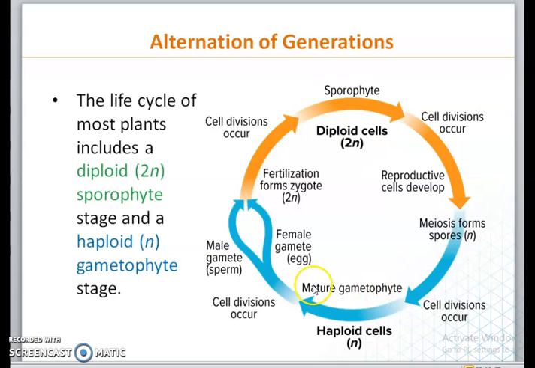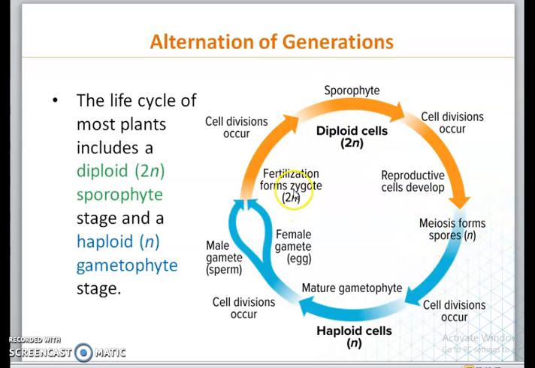The second part, in blue, represents the process of making the reproductive cells or the gametophyte, and this is what is mentioned here as haploid cells. So two phases represent the growth of the plant itself, and here the formation of the gametophyte through meiosis.